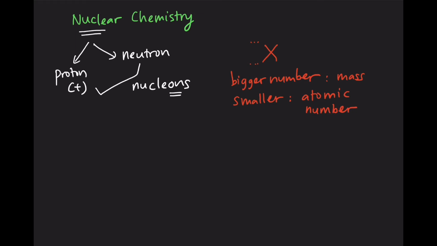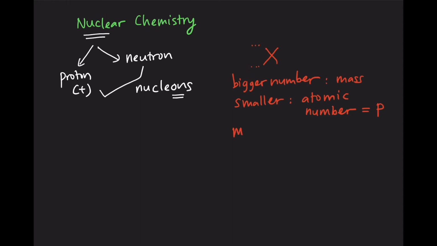The atomic number immediately tells us the number of protons, while if we take the value of the mass and subtract the number of protons, we will get the number of neutrons. So from here, we can tell that the mass itself is equal to the number of nucleons.